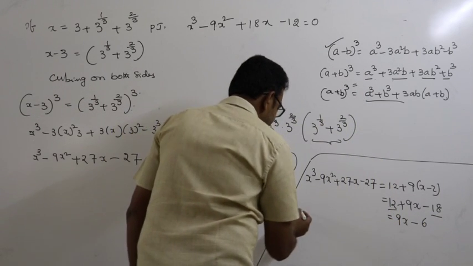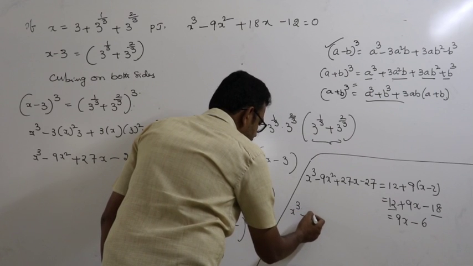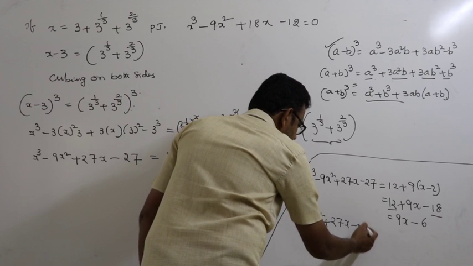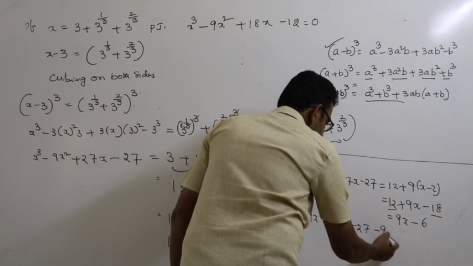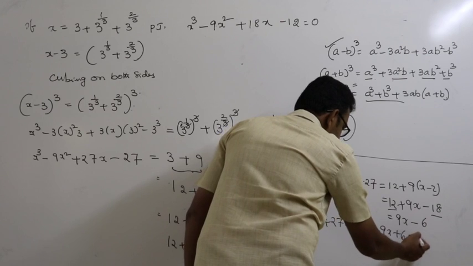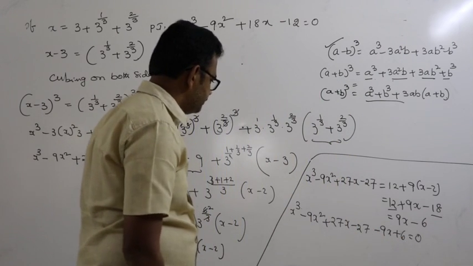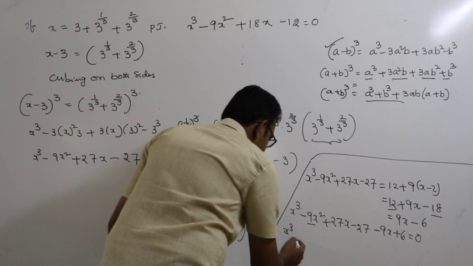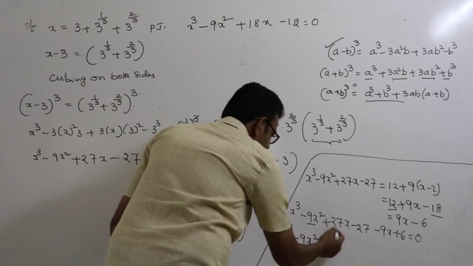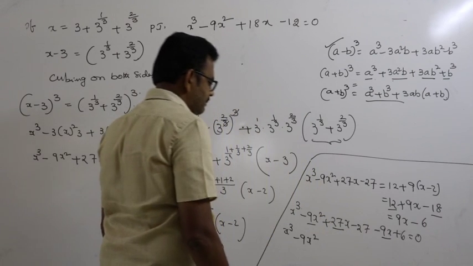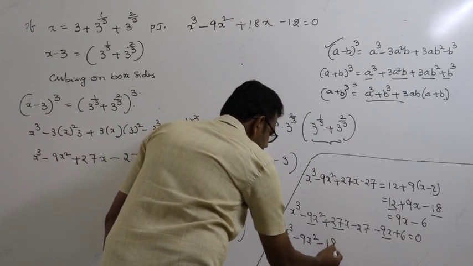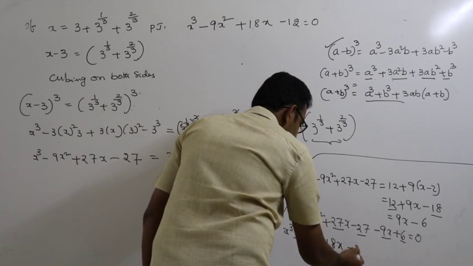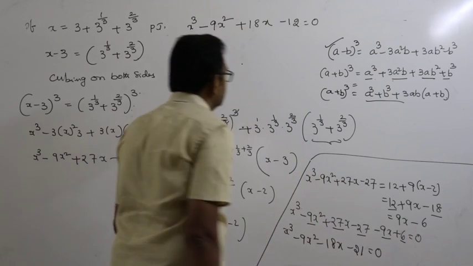So you can take this side: x cube minus 9x square plus 27x minus 27 minus 9x plus 6 is equal to 0. That is x cube, minus 9x square, 27 minus 9 is 18x, and minus 27 plus 6, that is minus 21, equal to 0.